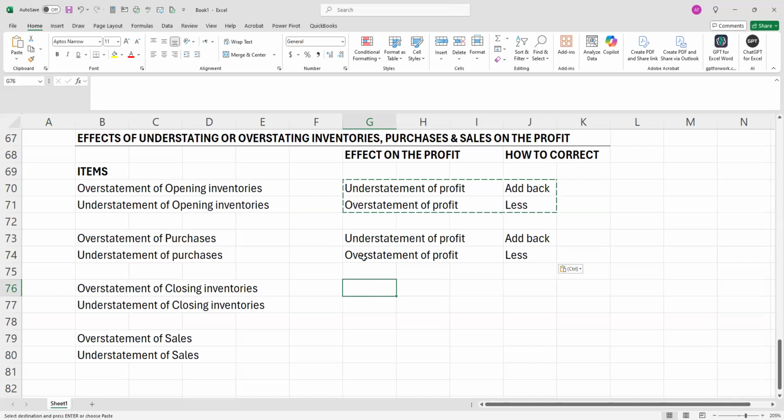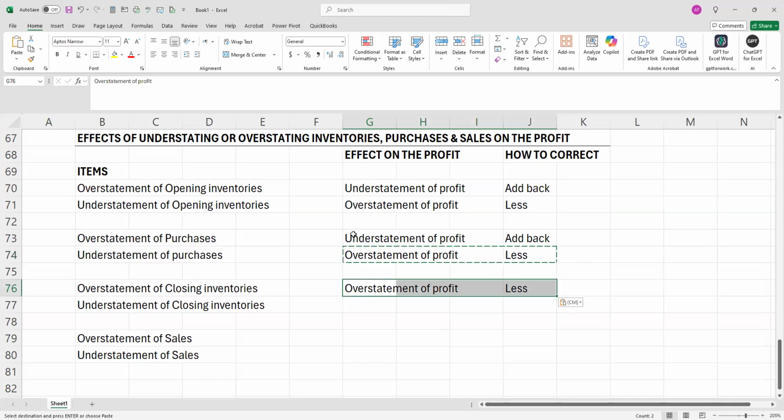It will shift on closing inventory: overstatement will lead to overstatement of profit, and understatement will lead to understatement of our profit.